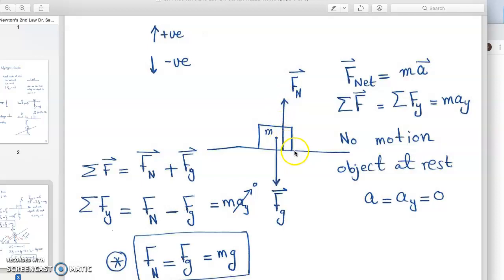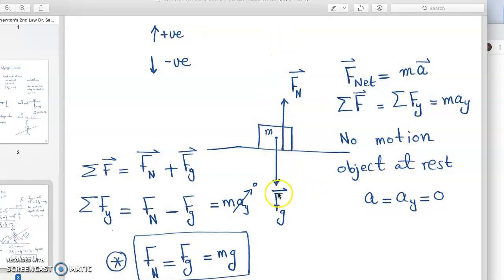perpendicular to the surface. All right, but we all know one thing. In this situation, the object is not moving, the object is at rest. And I am saying again that acceleration is equal to 0. I want to add a little bit more detail here. Here I say acceleration along the y-axis. Why?